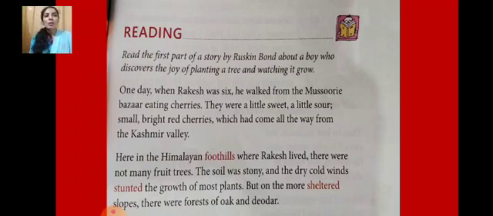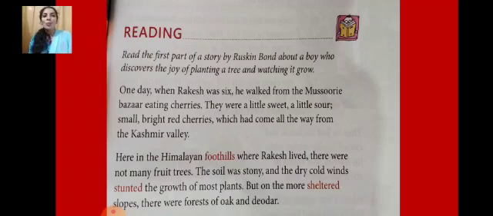So Ruskin Bond wrote about a boy who discovers the joy of planting a tree and watching it grow. Like you people are also very small, but you know the benefits of trees. So what should you do, children? On each birthday, you should sow a seed. You should definitely take the charge. So Ruskin Bond has written this beautiful story about the boy, or about children like you.